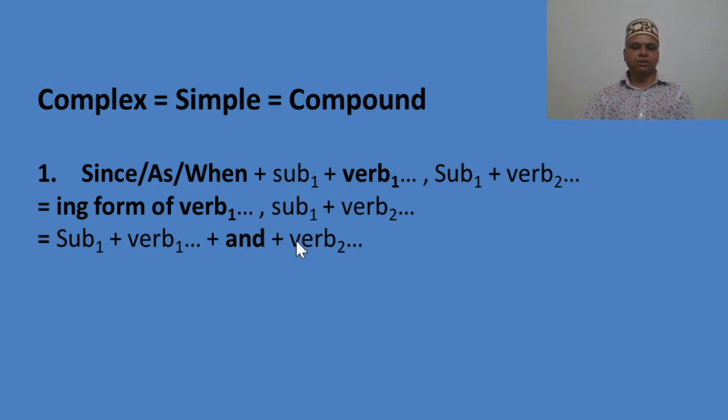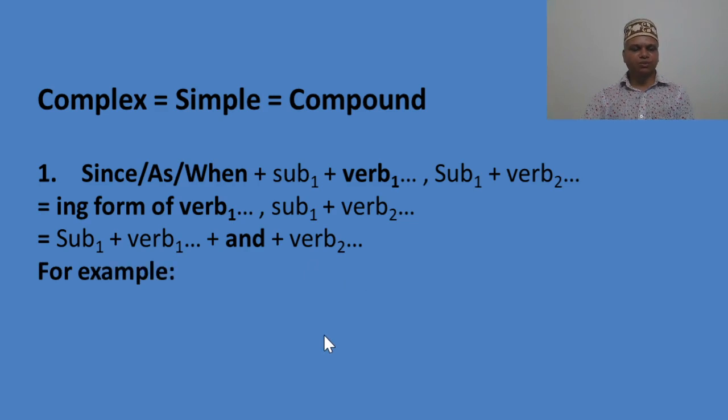Because here the subject is not repeated in the second clause, as the subject of both clauses is the same. That's why in the second clause, that is in the principal clause, the subject is not repeated.